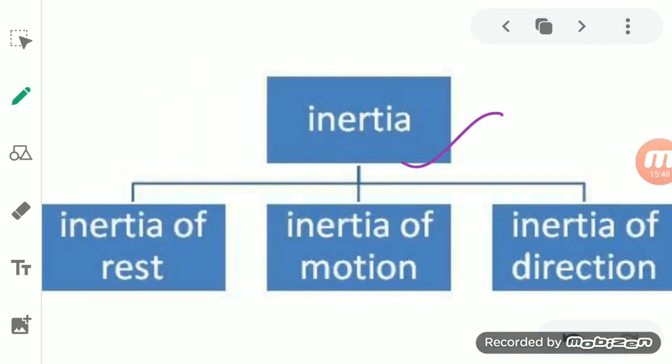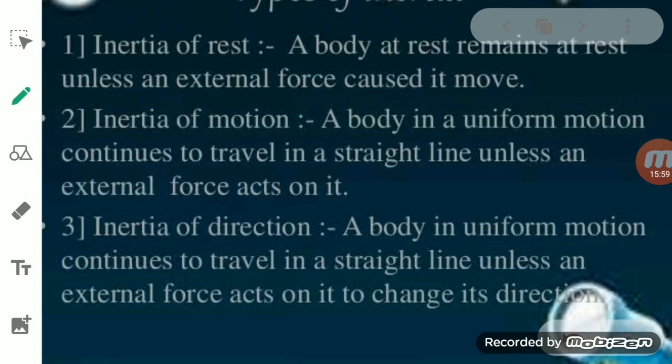So basically this inertia is divided into 3 types: inertia at rest, inertia of motion, and inertia of direction. If we talk about the inertia at rest, a body at rest remains at rest until and unless an external force causes it to move.